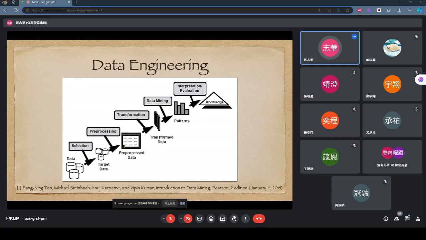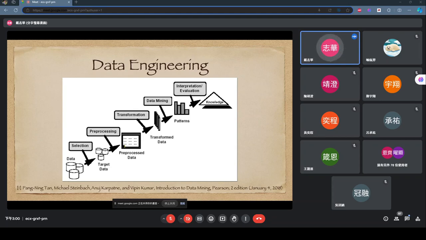It takes time to train a person to be a good data analyzer. It always takes time. It's not that easy.